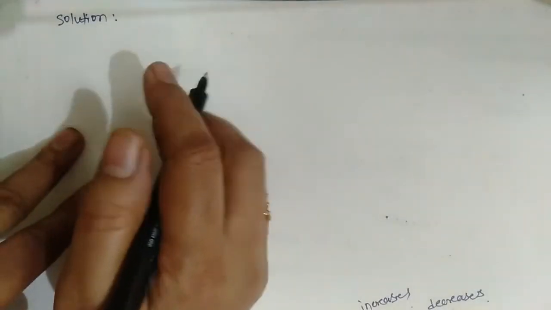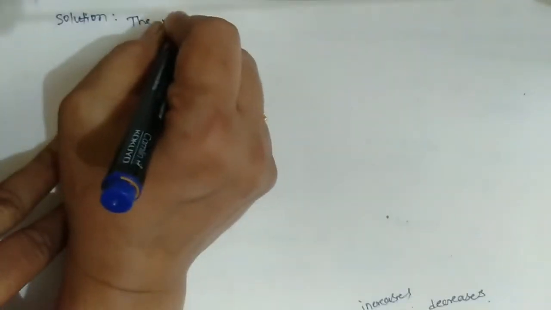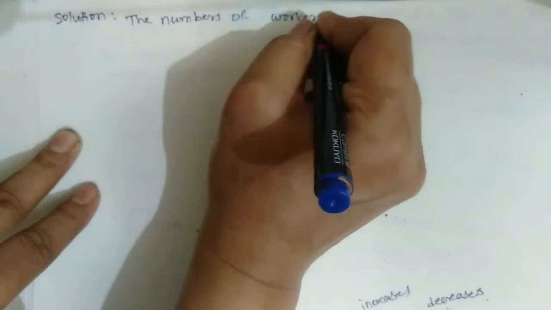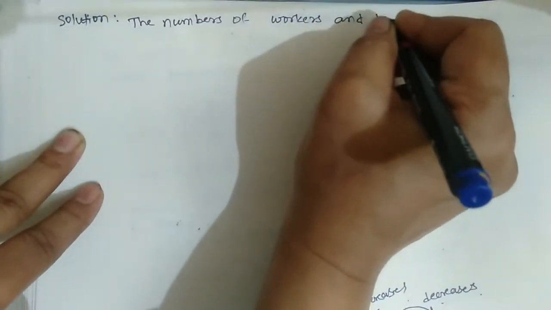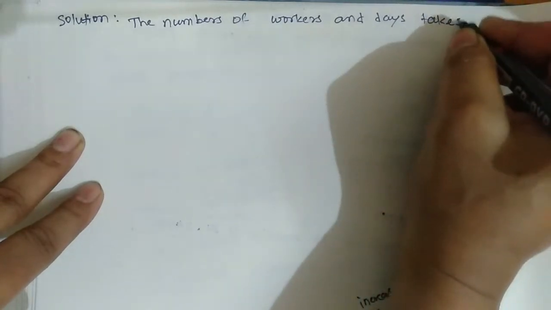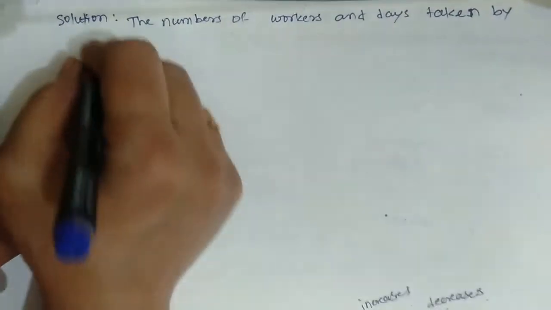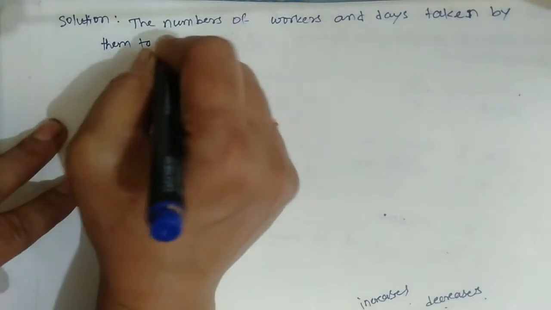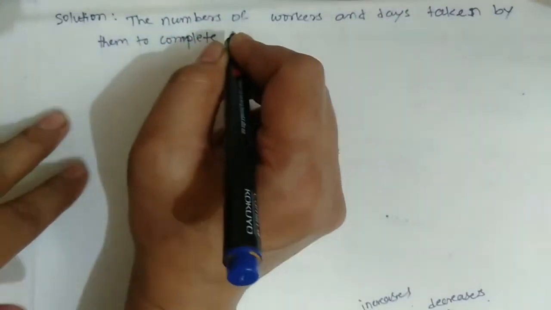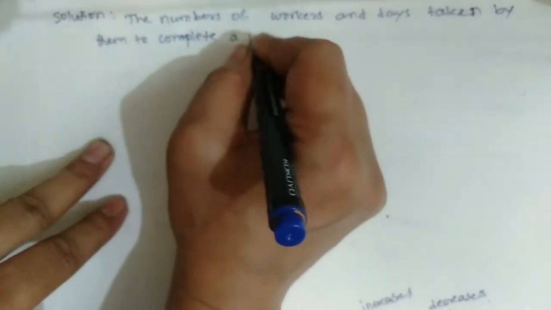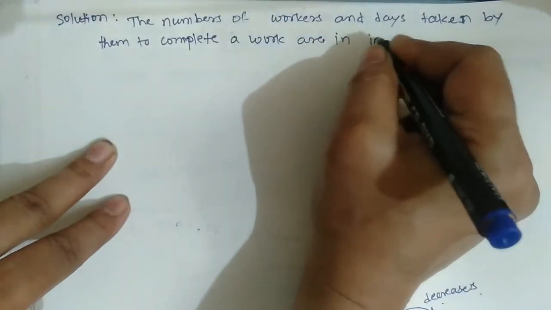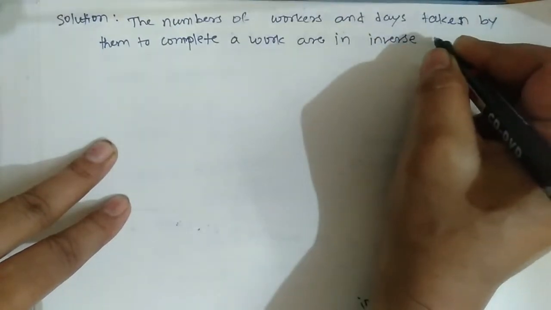See the solution. The number of workers and the days taken by them to complete a work are in inverse proportion.